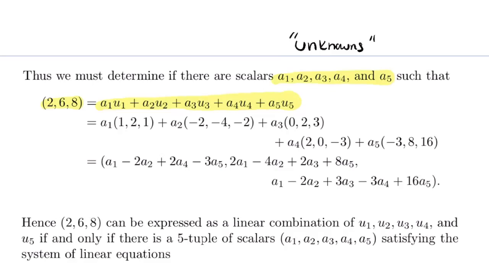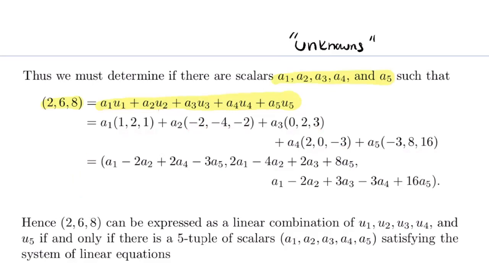And then what's the author doing here? The author's just replacing, you can stop the video and scroll back up, but u1 was the vector (1, 2, 1), u2 is the vector (-2, -4, -2), and so on. So the author's just substituting in everywhere. And then where does this equation come from? Well, it's just doing the vector arithmetic.